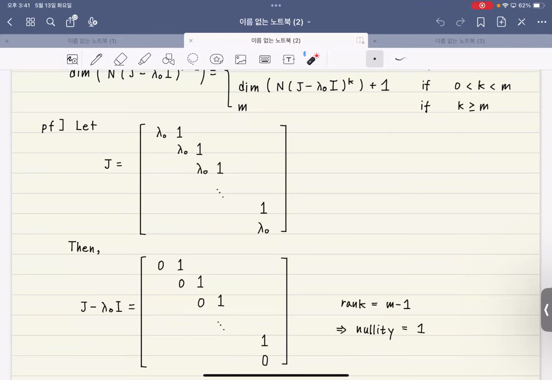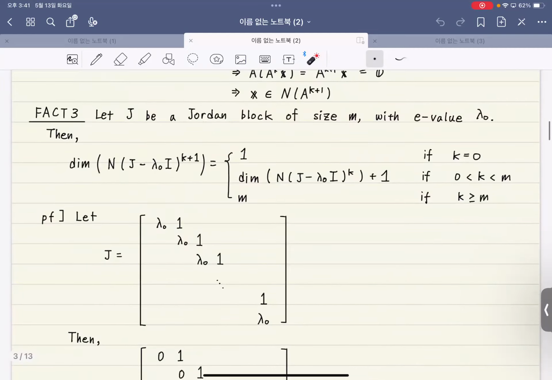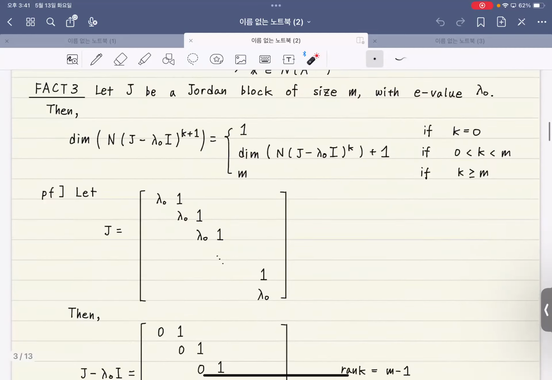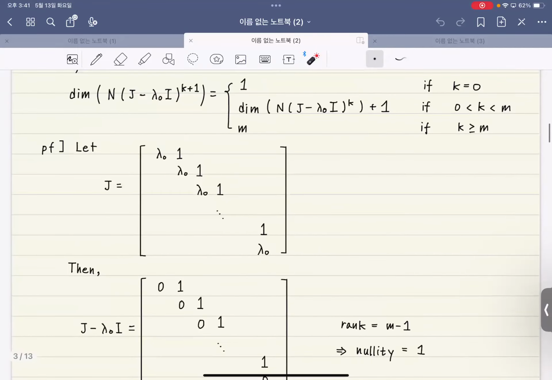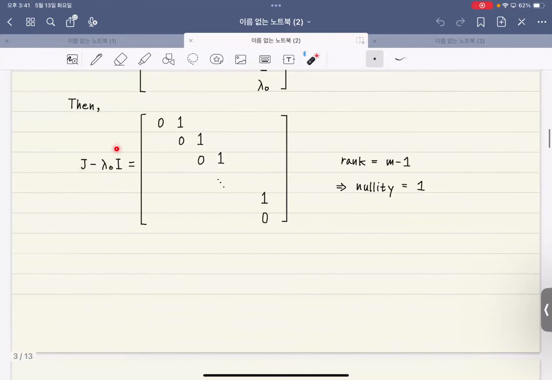What do you think is the rank of this matrix? Well, I have n minus 1 non-zero rows here, and 1 zero row at the bottom. Therefore, the rank is n minus 1, and the nullity is 1. So the dimension of the null space of this matrix is 1. Okay, this is good. Now I want to raise the power of this matrix.